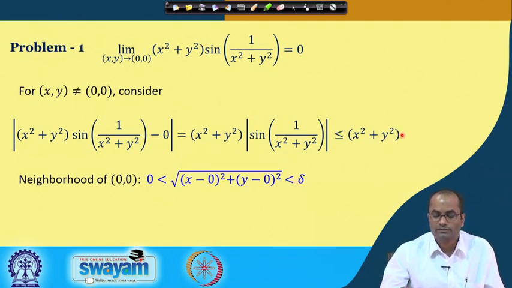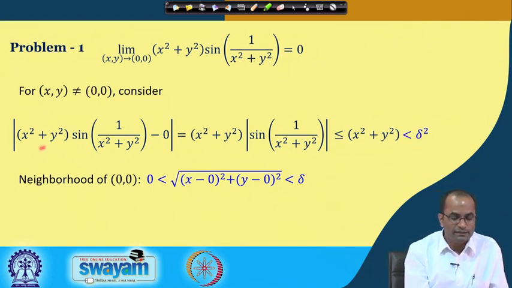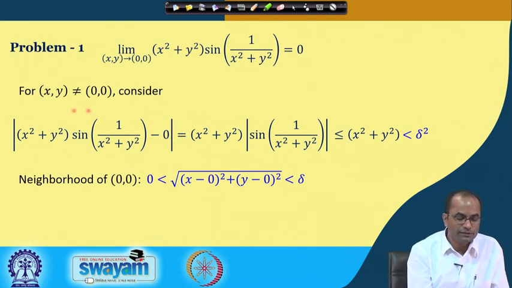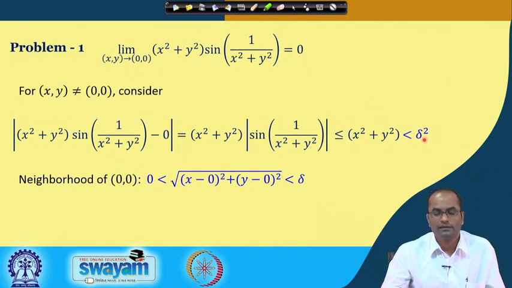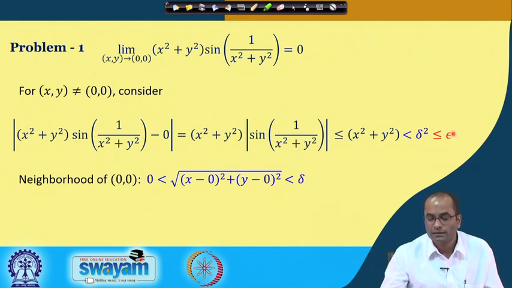So, x square plus y square in this neighborhood is less than delta square, and we want to set, for a given epsilon, this difference less than epsilon, and we are looking for such a delta which will satisfy that inequality. So, if we want to make this difference less than epsilon, then we get this relation between delta and epsilon.